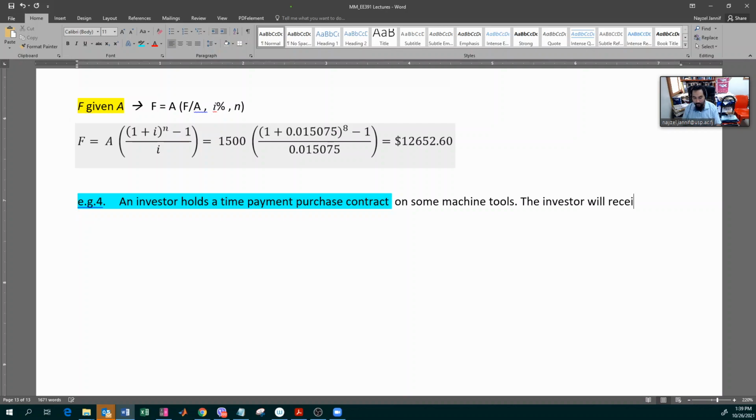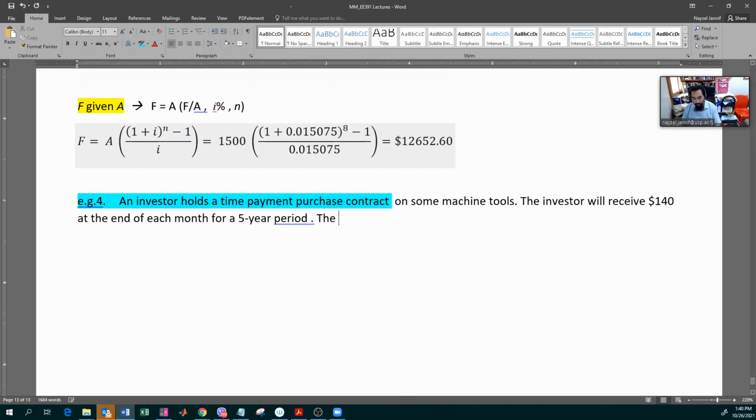will receive $140 at the end of each month for a 5-year period.